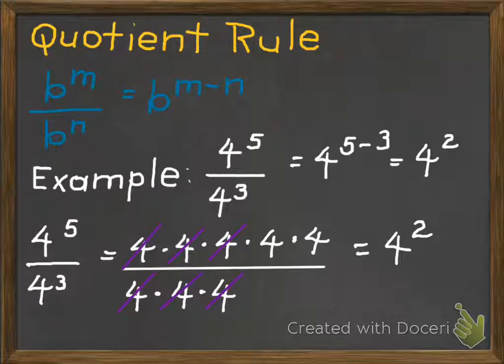And that gave us 2. We have 2 4's left here. So 4 to the power of 2. And that is the quotient rule. When you have like bases and they're dividing, you simply need to subtract the exponents.